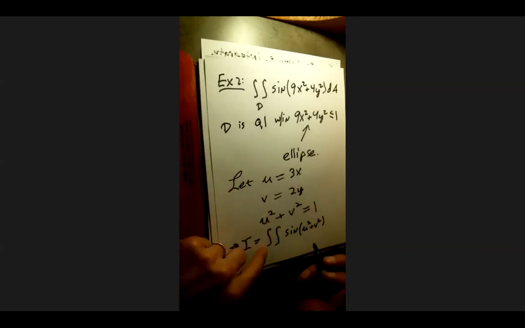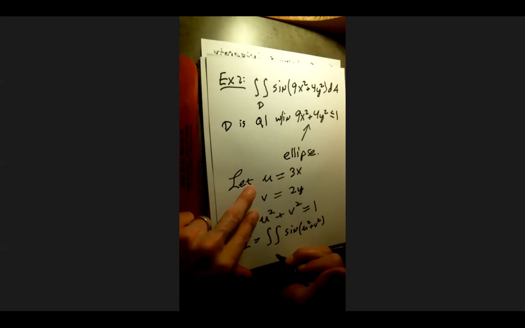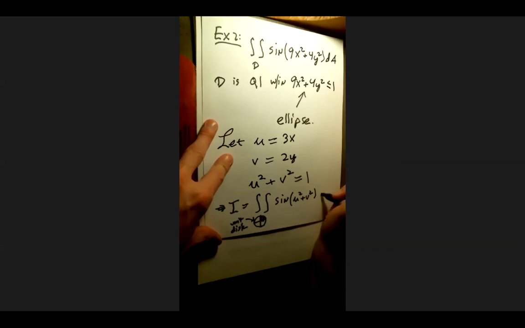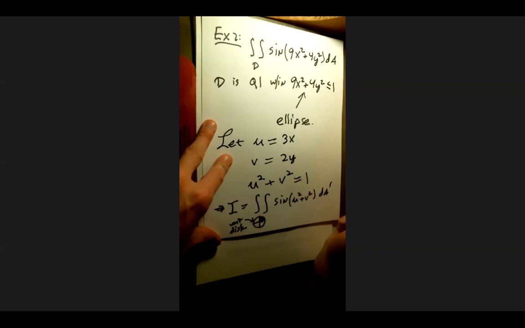The limits of integration are going to become, I'm just going to draw it, the unit disk. And we have some sort of a dA, but now it's a dA prime because it has u's and v's instead of x's and y's.